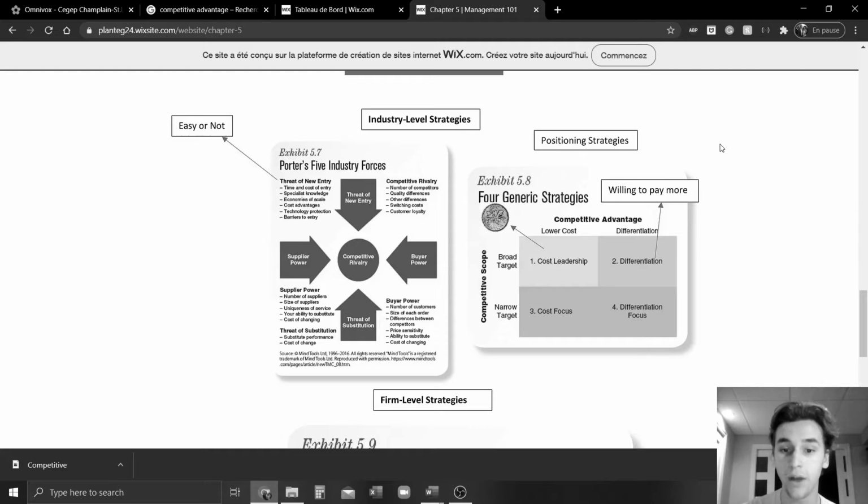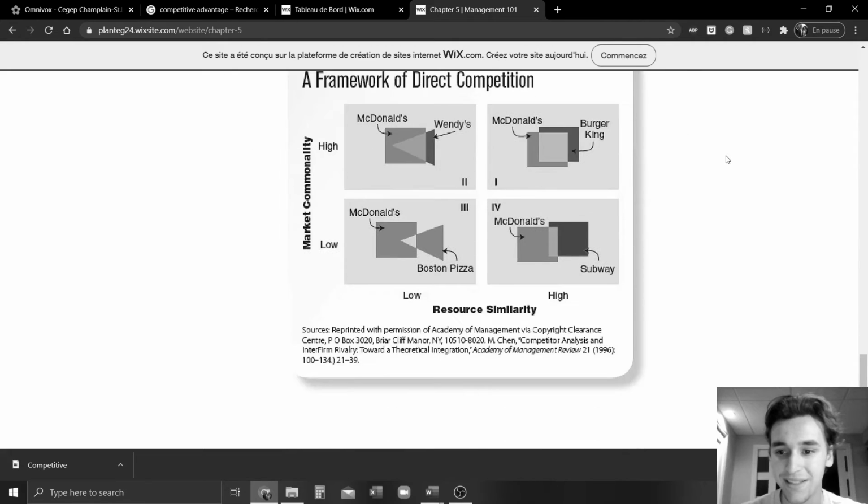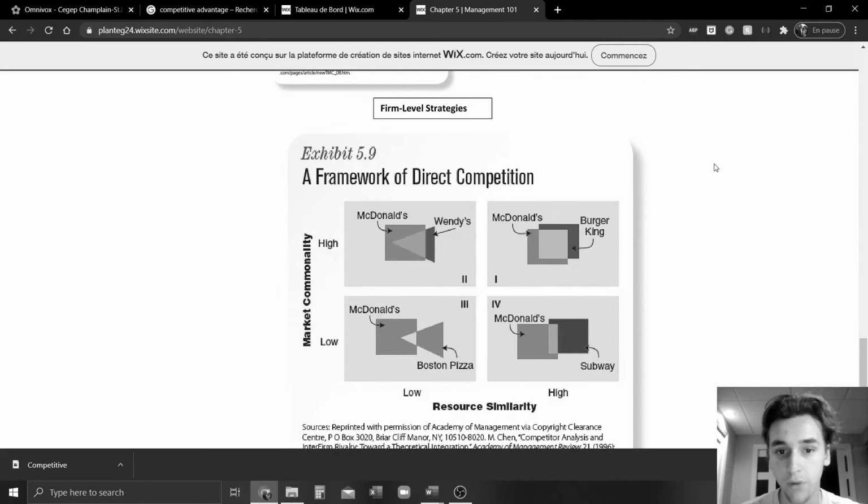And then for the narrow target, there's cost focus and differentiation focus. So this occurs when you're just focusing on a certain type of people. It is for a very specific demographic of people, and it is not meant for everyone.